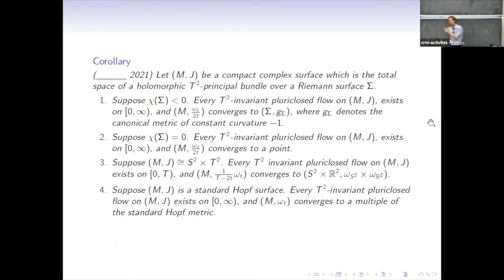But then the case of a non-trivial bundle over S2, the only case really at play here is this standard Hopf surface. And it's proved that every invariant flow exists globally, and converges to a multiple of what I'm calling the Hopf metric. But again, this is just the same flat S3 structure across S1. So like I said, the earlier results immediately give this because these Pluriclosed metrics are automatically in that ansatz.